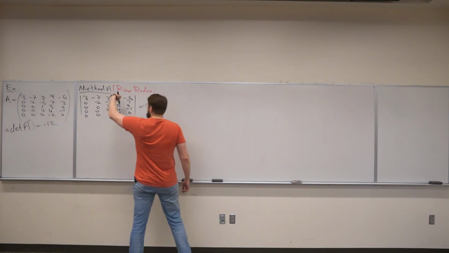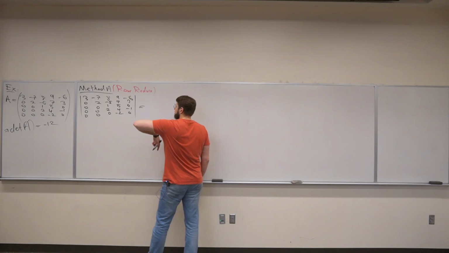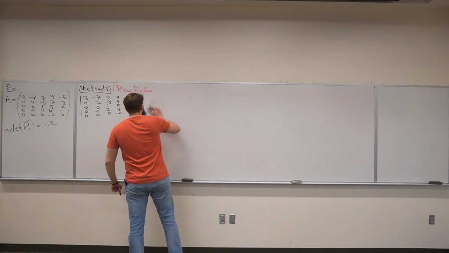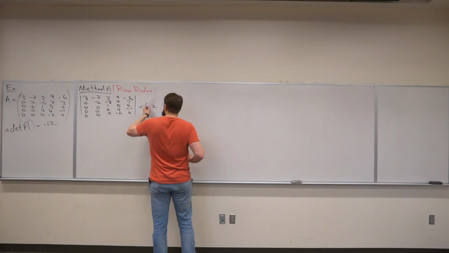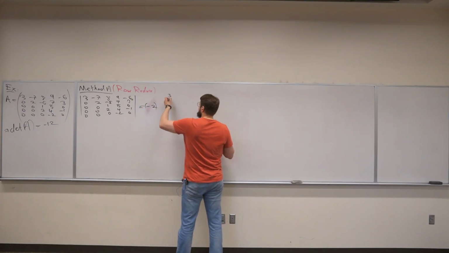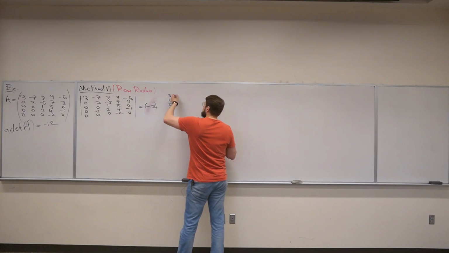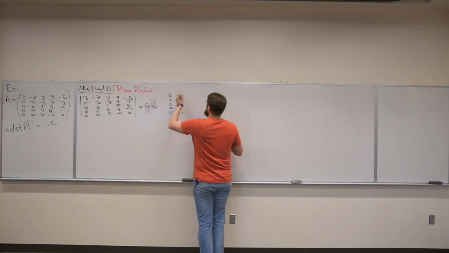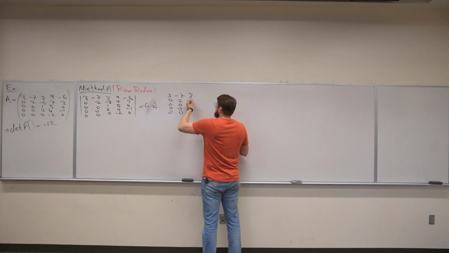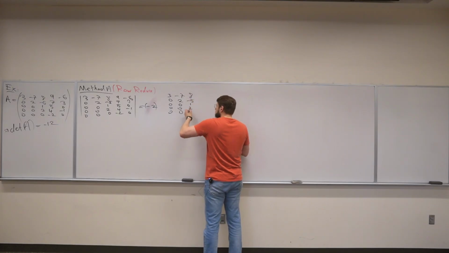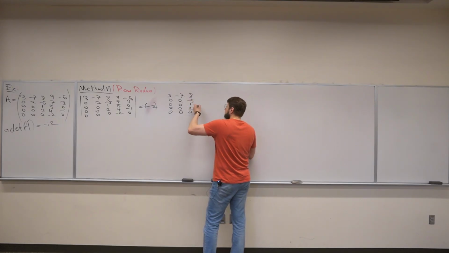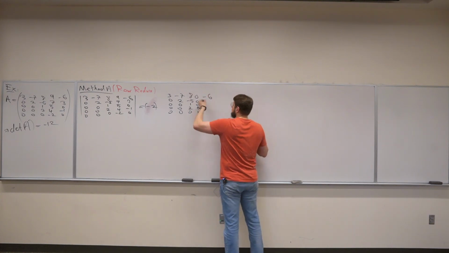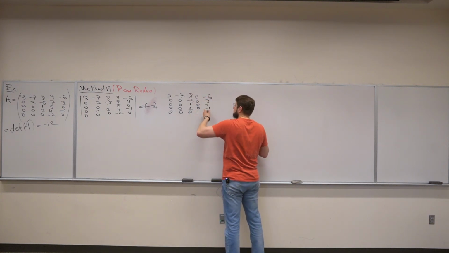And simultaneously, I can get rid of every other entry in the same column. -2 times, like this, -7, 2, 0, 0, 0, 8, -5, 1, 2, 0, 1, 0, 0, 0, 0 here, and then -6, 3, 0, -1, 0.